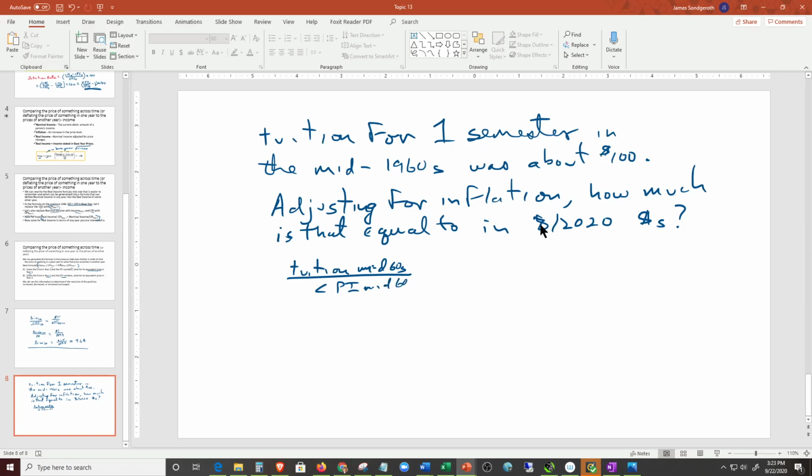I think I have 66 there, actually, but we could go look it up for 65, equals basically the value today over the CPI for 8/2020.